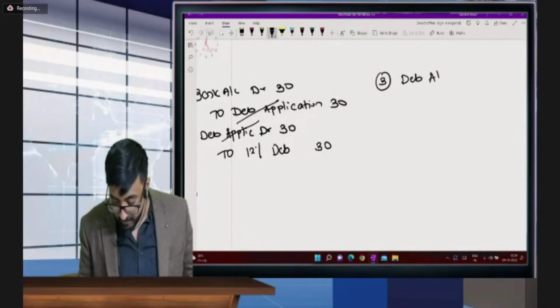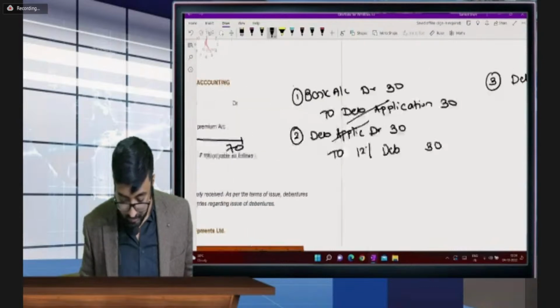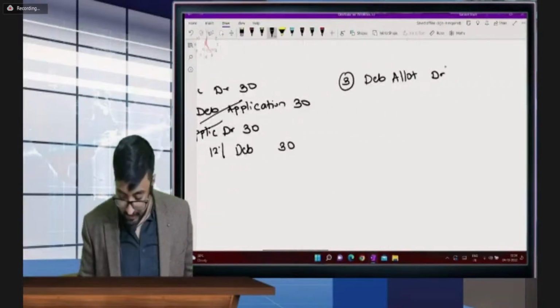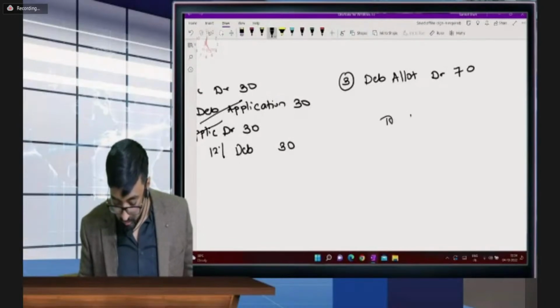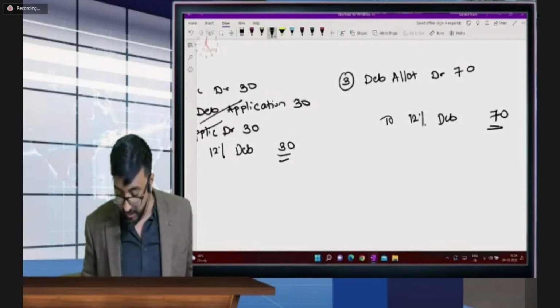Debentures allotment debit 70 to 12% debentures face value 70, 30 plus 70, 100.